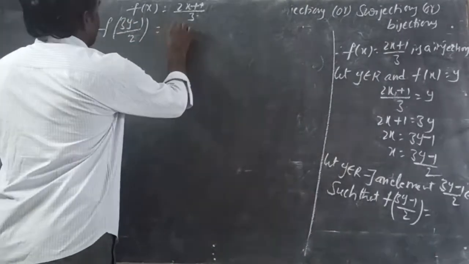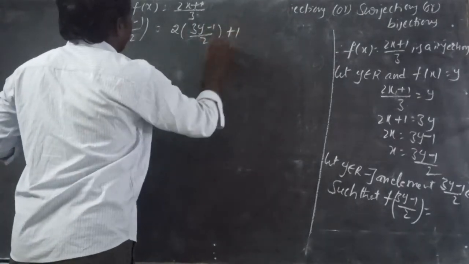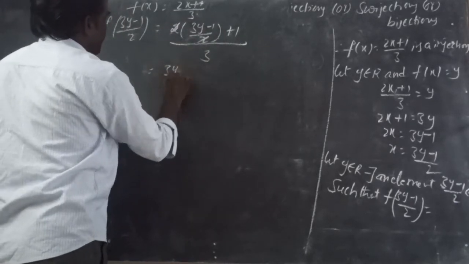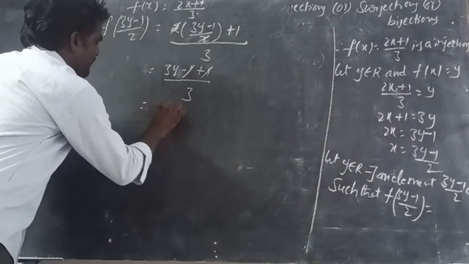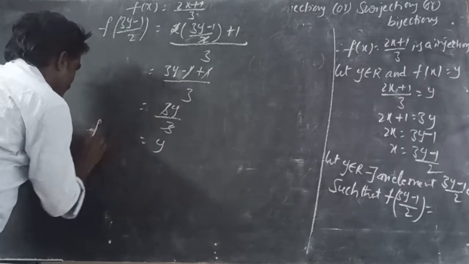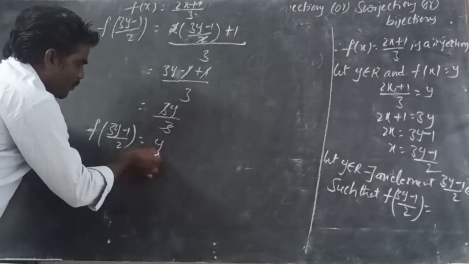So that is 2 into (3y minus 1) by 2, plus 1, by 3. So 2 cancels: (3y minus 1 plus 1) by 3. Minus 1 plus 1 cancel. 3y by 3, 3 cancels. That is equal to y. So f of (3y minus 1) by 2 is equal to y.